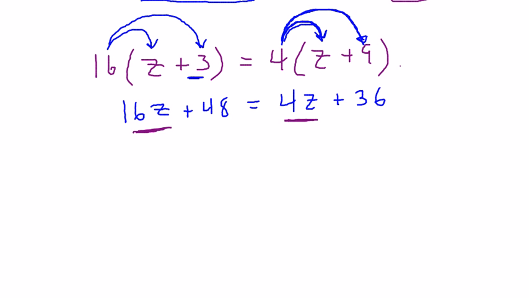So our goal now is to get our variable z all over to the same side. It really doesn't matter if we bring the 4z over to the left-hand side or the 16z over to the right-hand side. That choice is really up to you, as long as you're doing the same thing to both sides. So why don't we subtract 4z from each side?